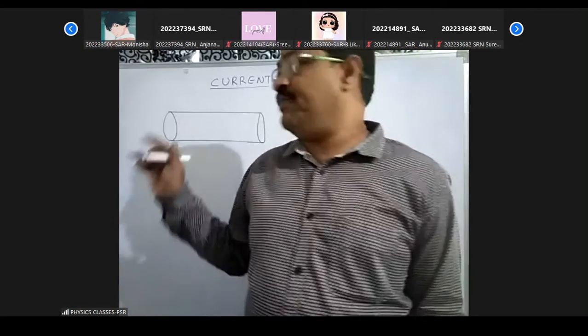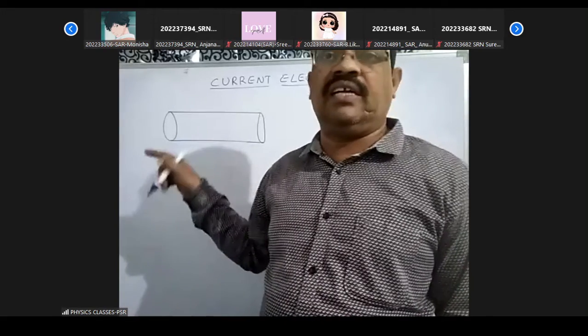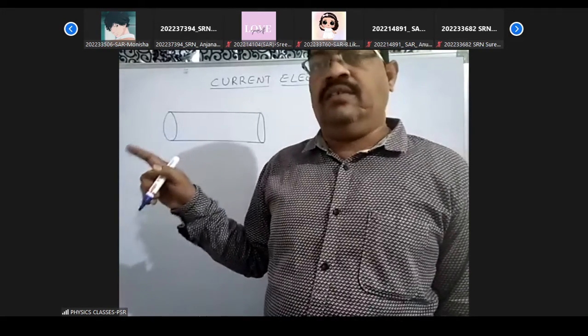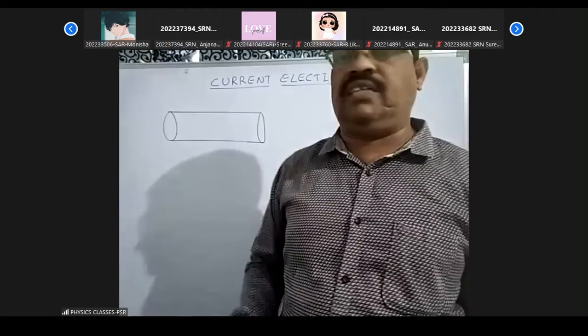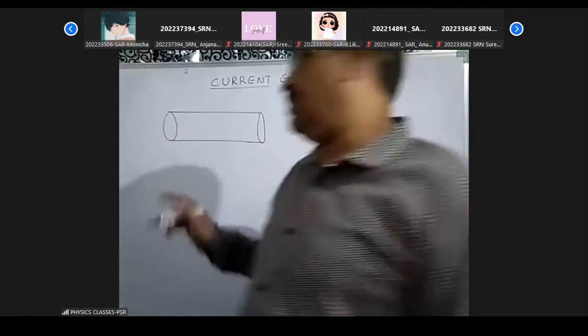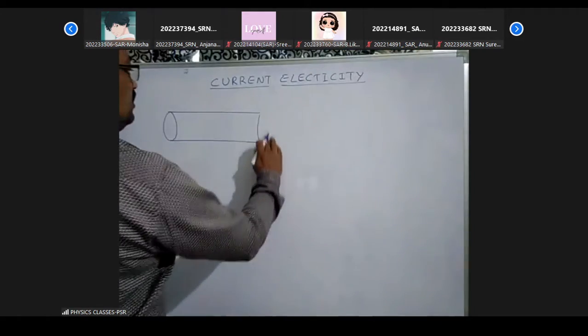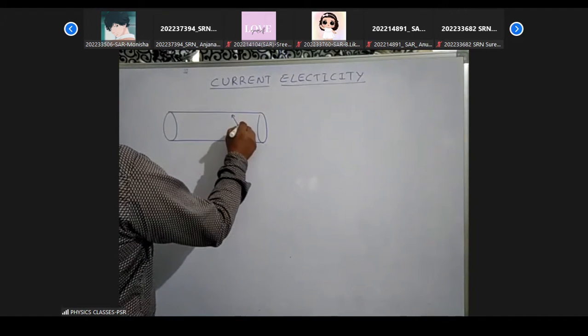But if no external field is applied across the conductor, then these free electrons move randomly in all directions, so that the average velocity becomes equal to 0. Here, electrons are moving randomly like this.